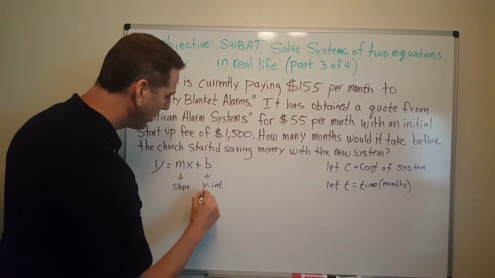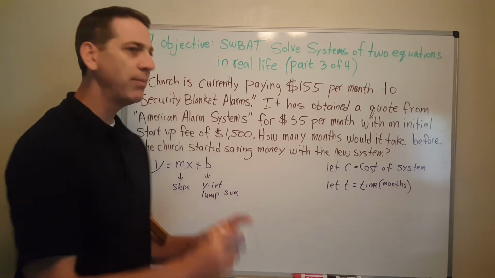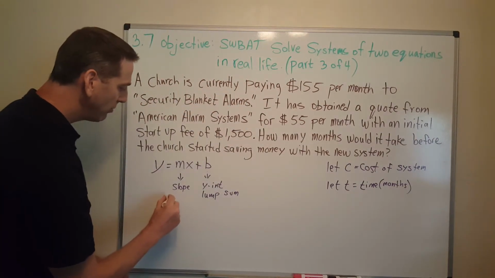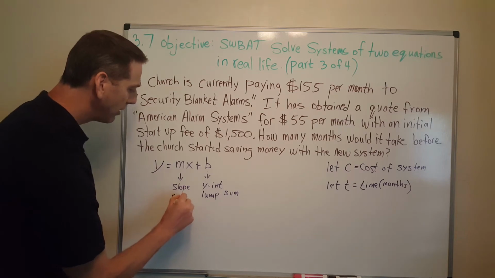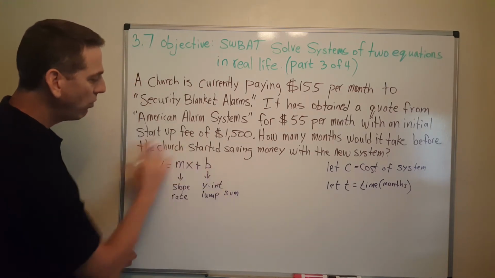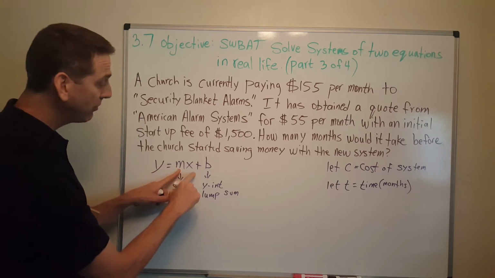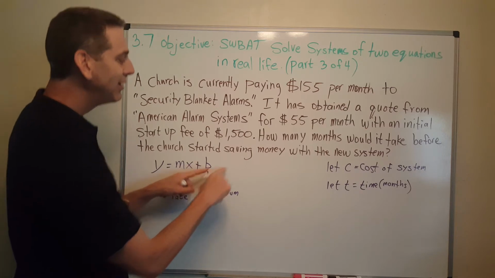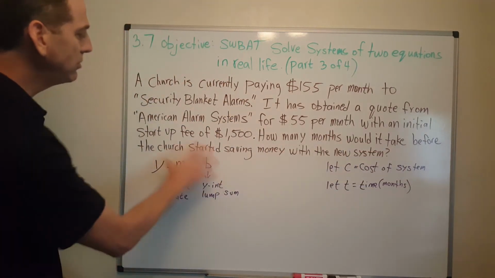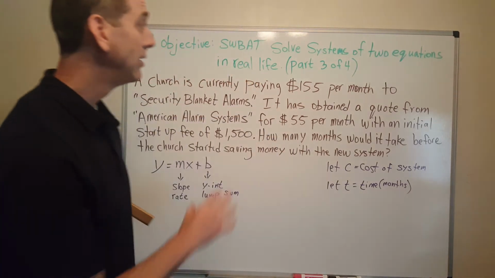So this is going to be kind of like my lump sum. It's going to be the amount added at the end. And the slope is going to be my rate. Okay, so if you can think of this slope-intercept form as y equals the rate times the variable plus some lump sum.